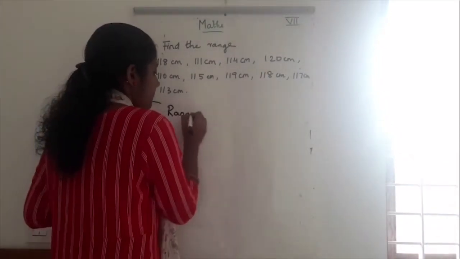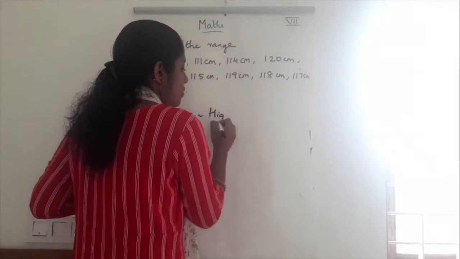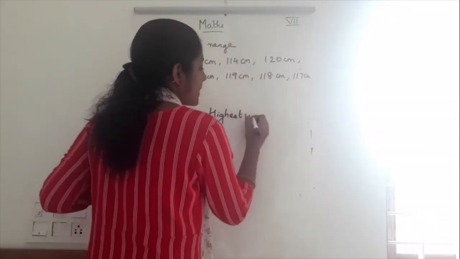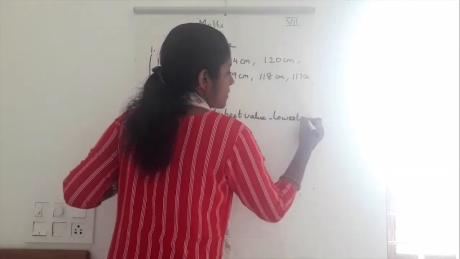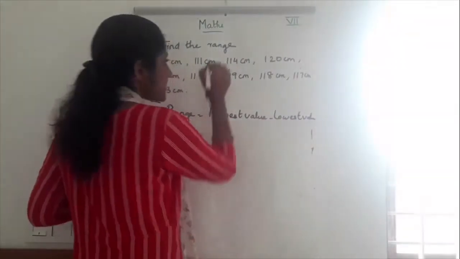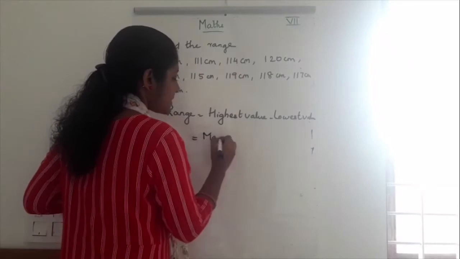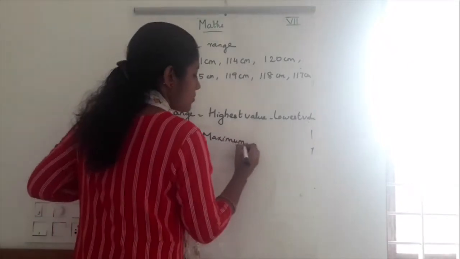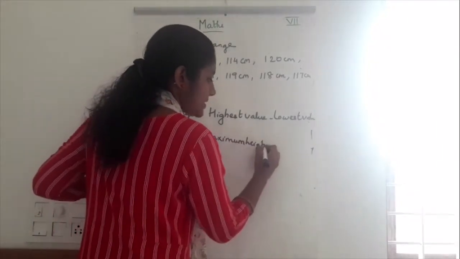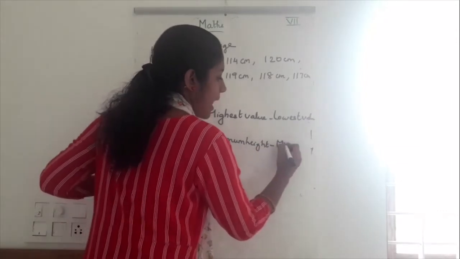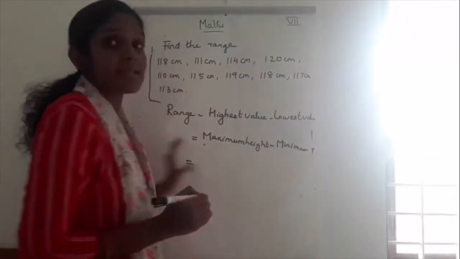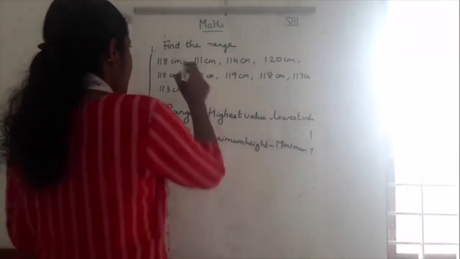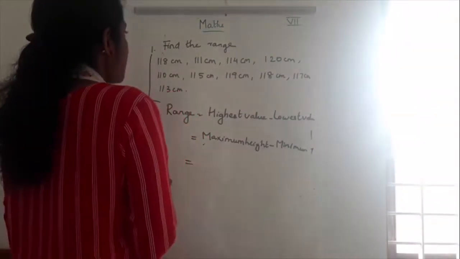Range is the highest value minus the lowest value. So here in this case it is the height, that is the maximum height of the students minus the minimum height. From this you can find the maximum height of the students.